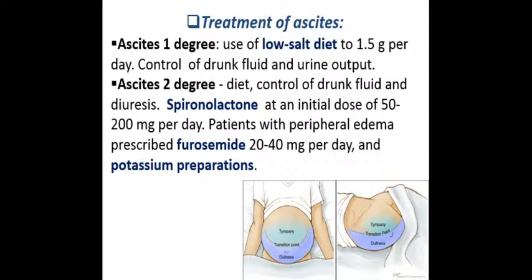Treatment of ascites. Ascites first degree. I use a low salt diet and control of fluid intake and urine output. If we cannot help this patient and the amount of fluid doesn't change, we can use diuretics.